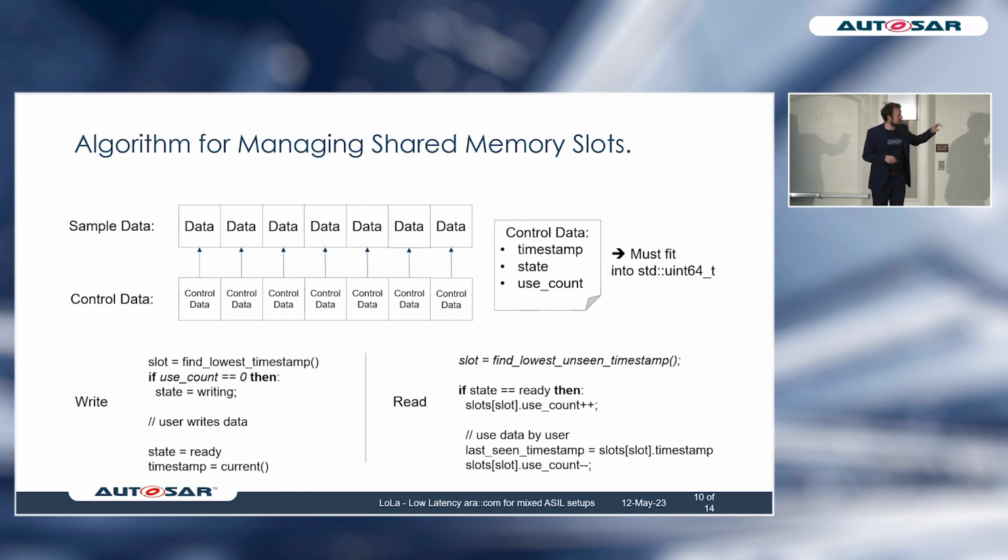And this is where we go into the algorithm. And this is where we just have seen the data section and the control section, okay? So we have looked into multiple data structures on how we could have organized the control data. And we were going super fancy. Yes, that needs to be a map, then we have this and that. Yeah, but implement a lock-free map. There are a lot of papers out there. You can try to read that up. And at the end, we did some measurements.